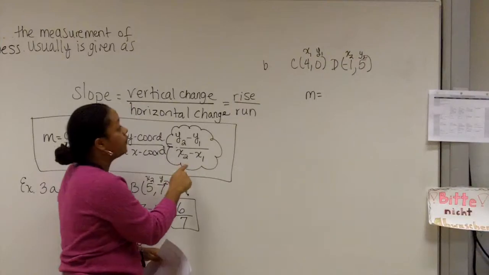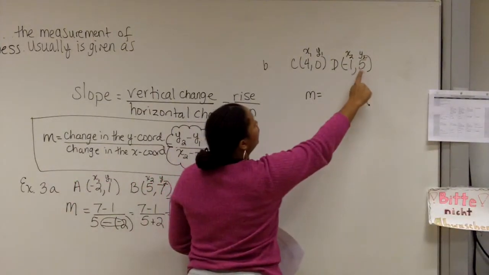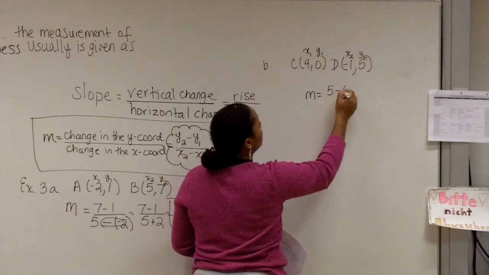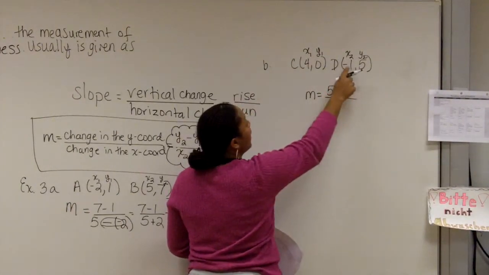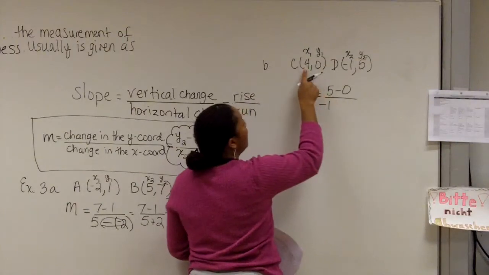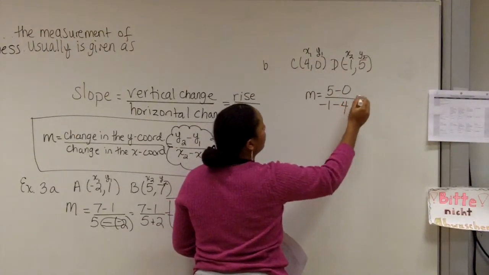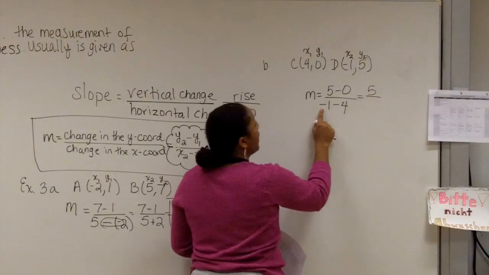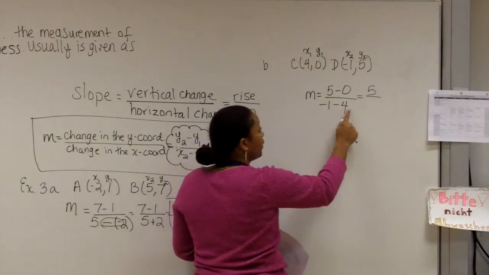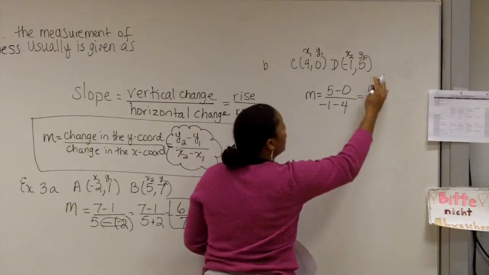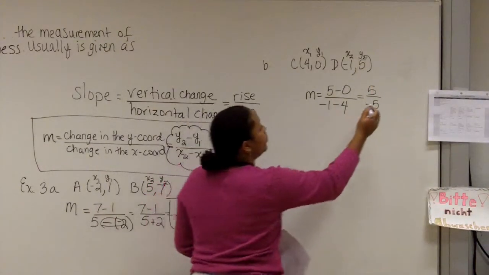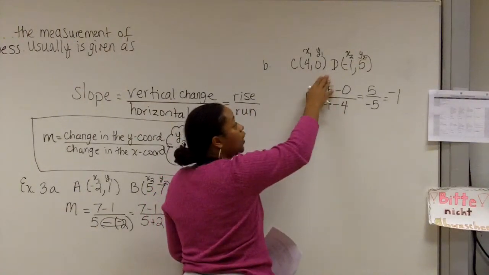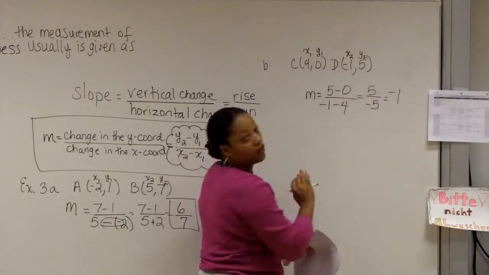Formula still here. M is equal to y2 minus y1 over x2 minus x1. 5 minus 0 is just 5. Negative 1 minus 4 is negative 5. You can simplify this to negative 1. So the slope between these 2 points is negative 1.